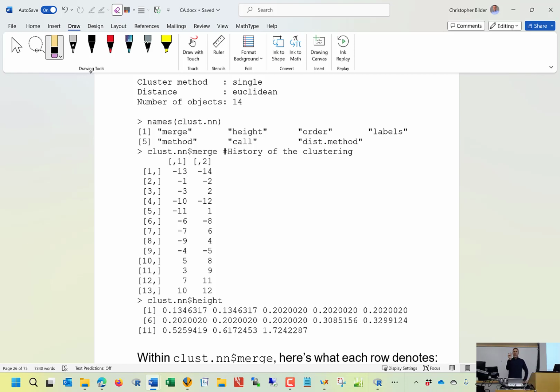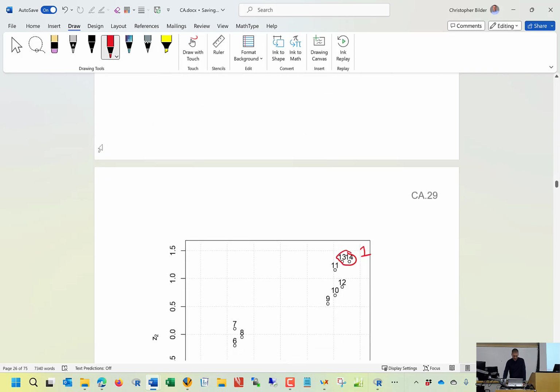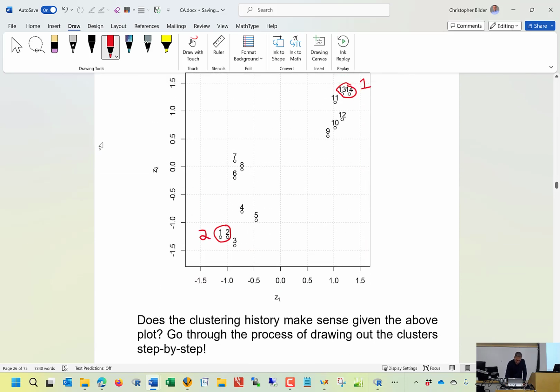Whenever you see nothing out in front of that number, that means this 2 corresponds to cluster 2. So now I can keep on drawing my lines here, and that's cluster number 3. And that, again, seems to make sense.